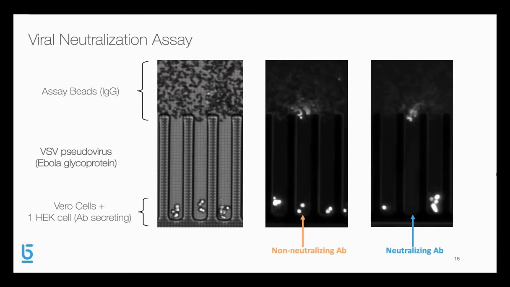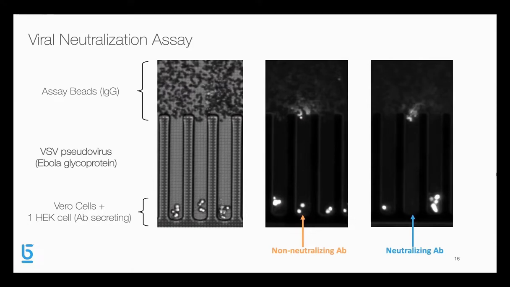We have demonstrated a proof-of-concept viral neutralization assay using a vesicular stomatitis pseudovirus engineered to express the Ebola glycoprotein. We created a set of hex cell lines secreting either neutralizing or non-neutralizing antibodies and mixed these together. We then loaded single hex cells with Vero cells into individual nanopens.